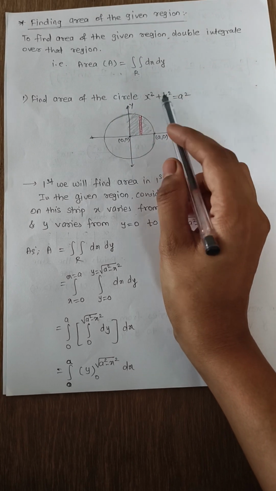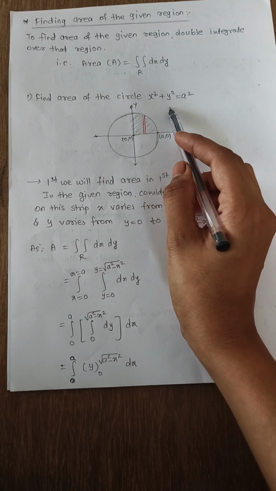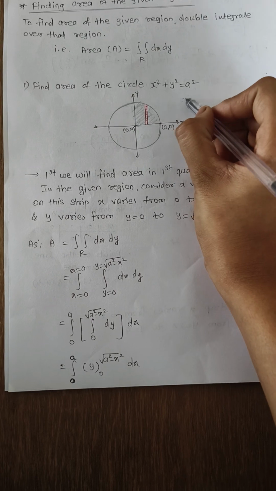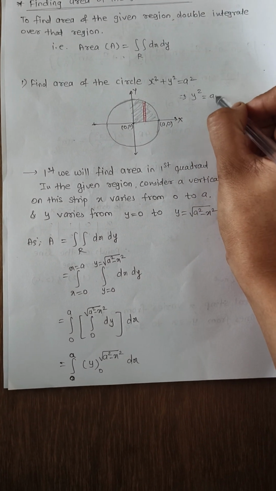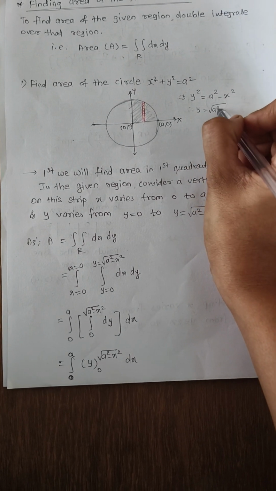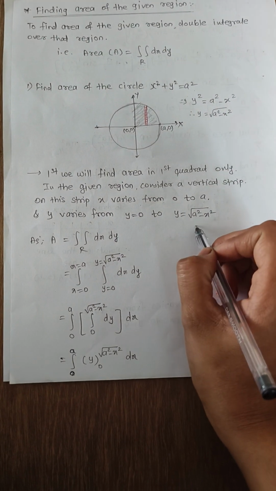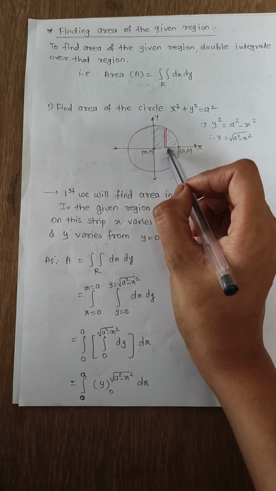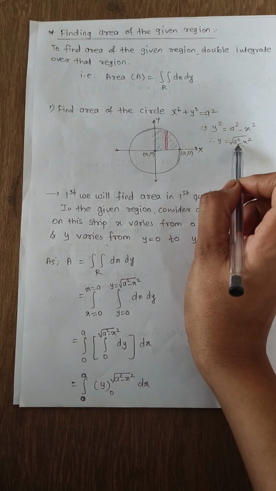On solving, y square will be a square minus x square. Taking the square root, y will be the square root of a square minus x square. So this is the next limit for y. This way we get both the limits for y, that is y from 0 to the square root of a square minus x square.